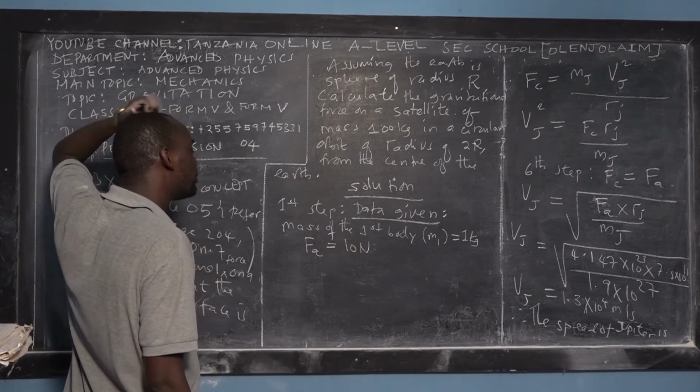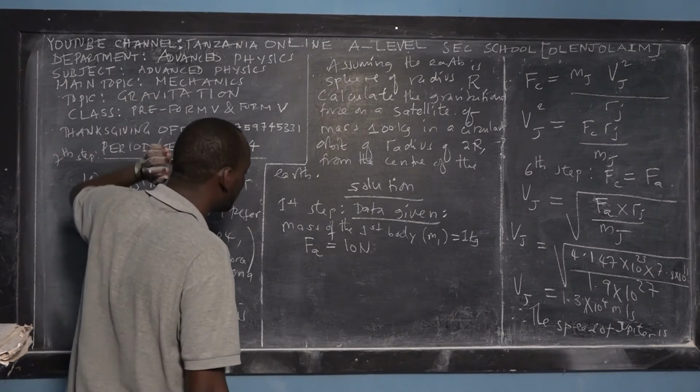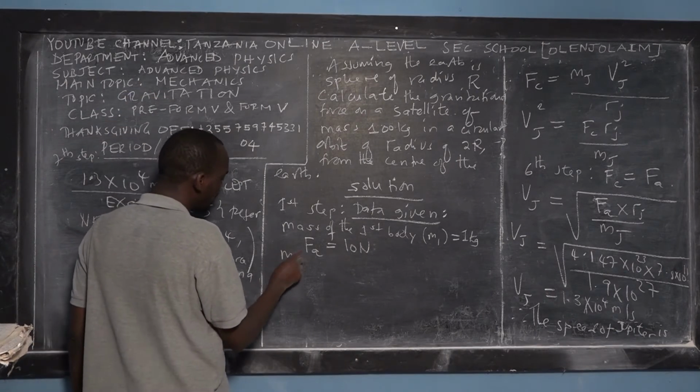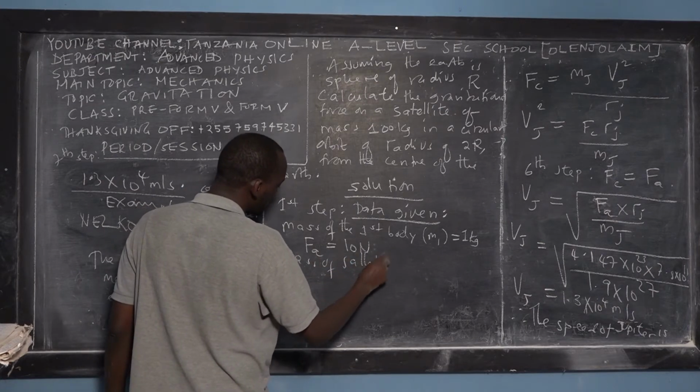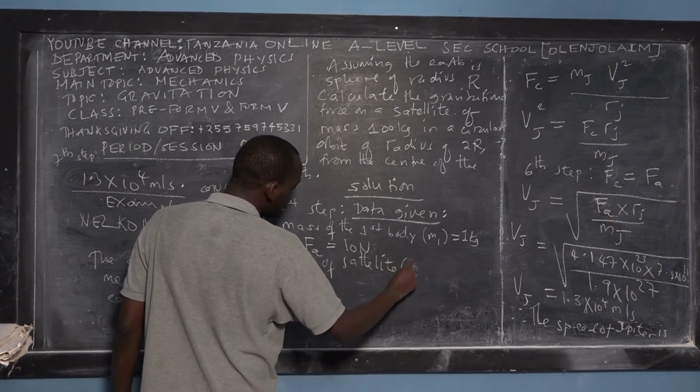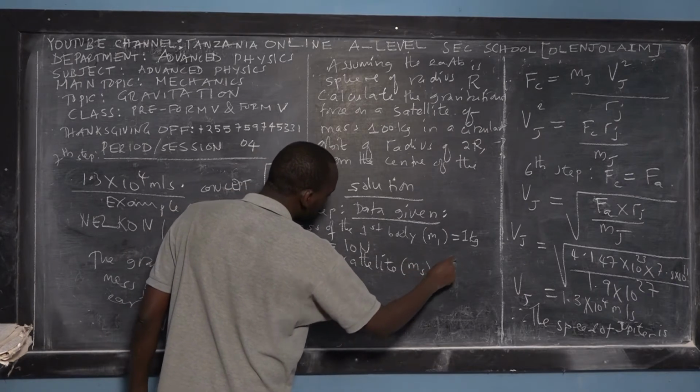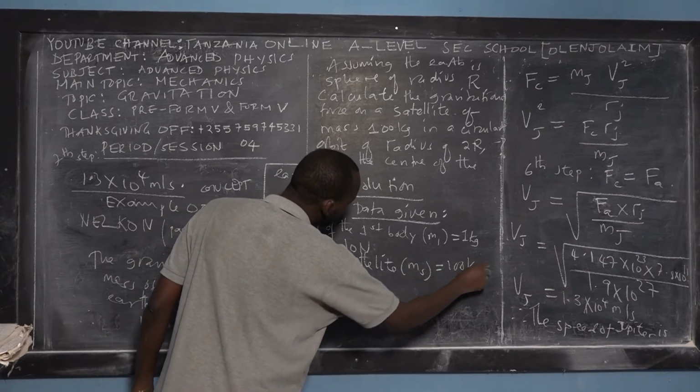Then calculate the gravitational force on the satellite, with the mass of the satellite being 100 kilograms.